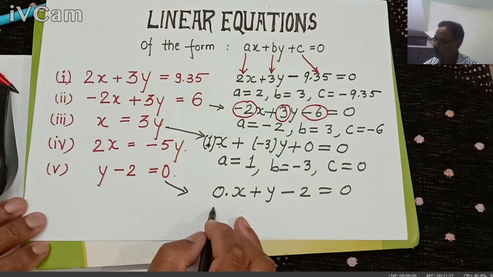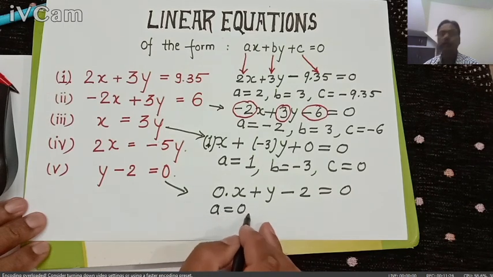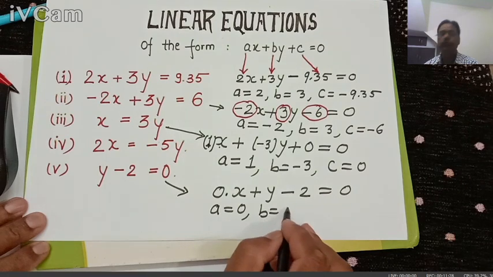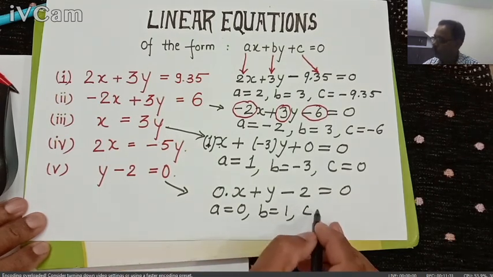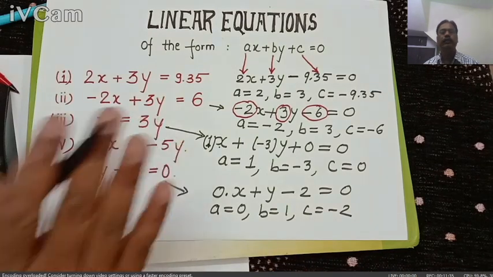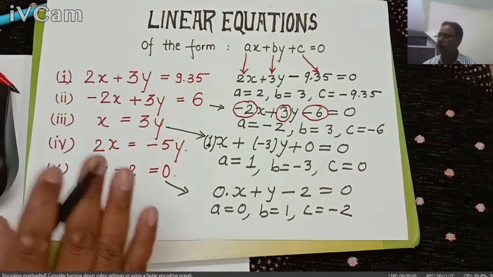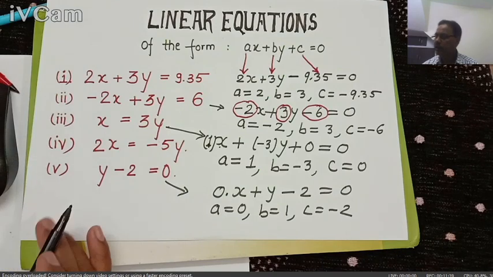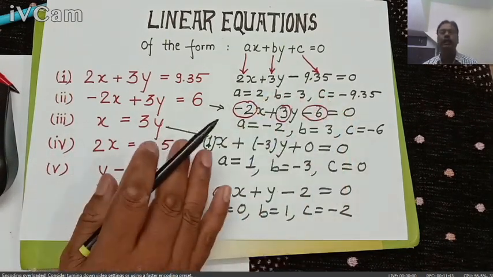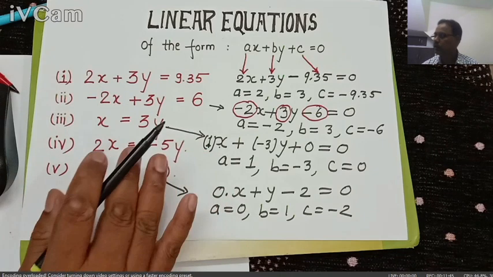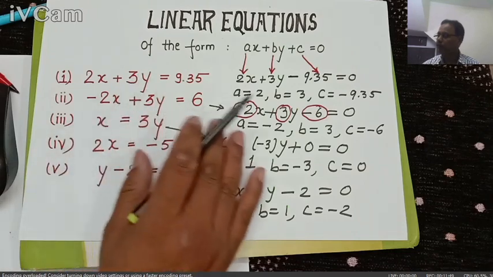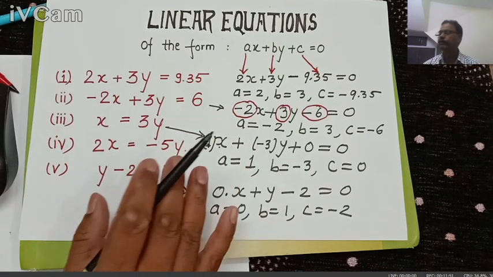So value of a will be equal to 0 and the value of b equal to 1 and the value of c equal to minus 2. So in this way we have written any linear equation in the standard form, that is ax plus by plus c equal to 0 form. Understand? We have written it in that form.